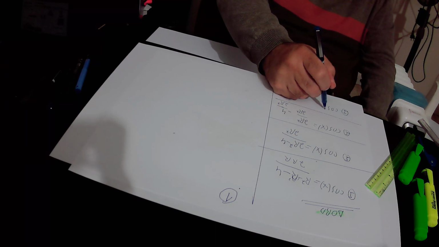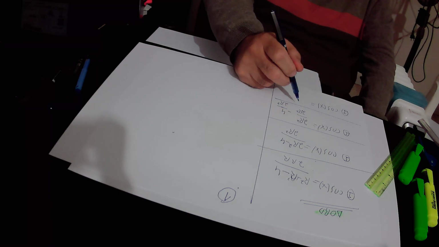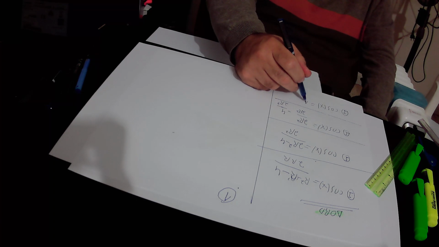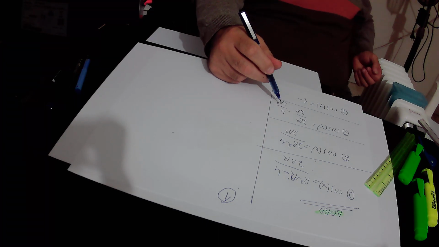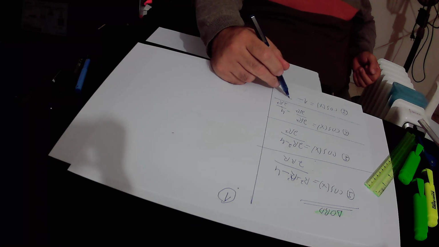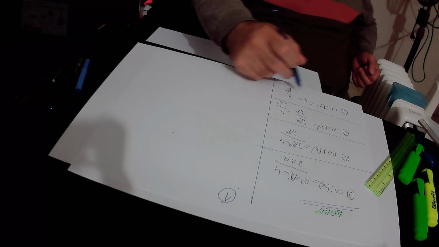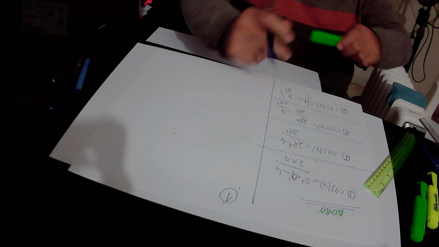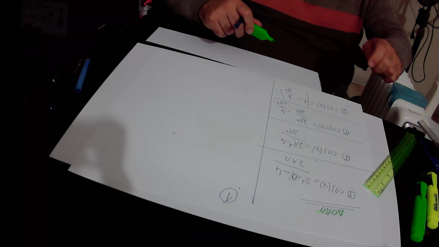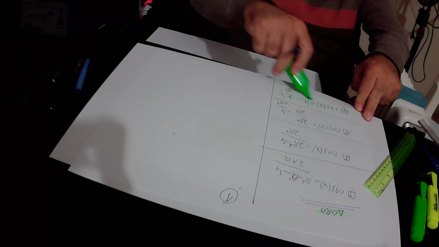So cosine x equals 2r squared over 2r squared, which is of course 1, minus, here we have 4 over 2 is 2, so in the numerator we have 2 over r squared. Okay, cosine x equals 1 minus 2 over r squared according to equation number 1.